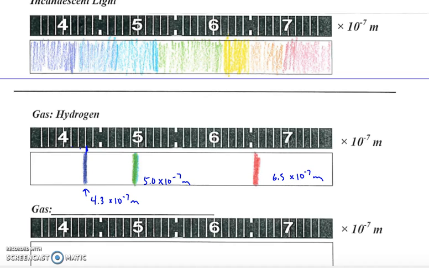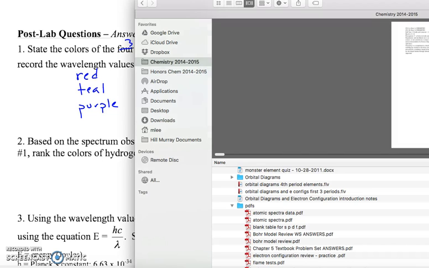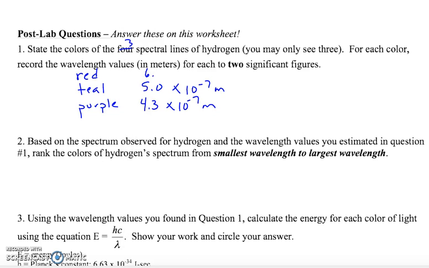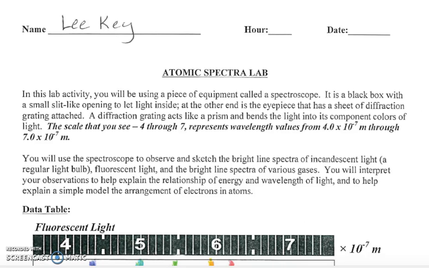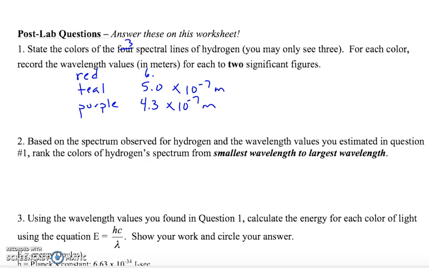Okay, so 4.3, 5.0, and 6.5. So we had 4.3 times 10 to the -7 meters, 5.0 times 10 to the -7 meters, and 6.5 times 10 to the -7 meters.